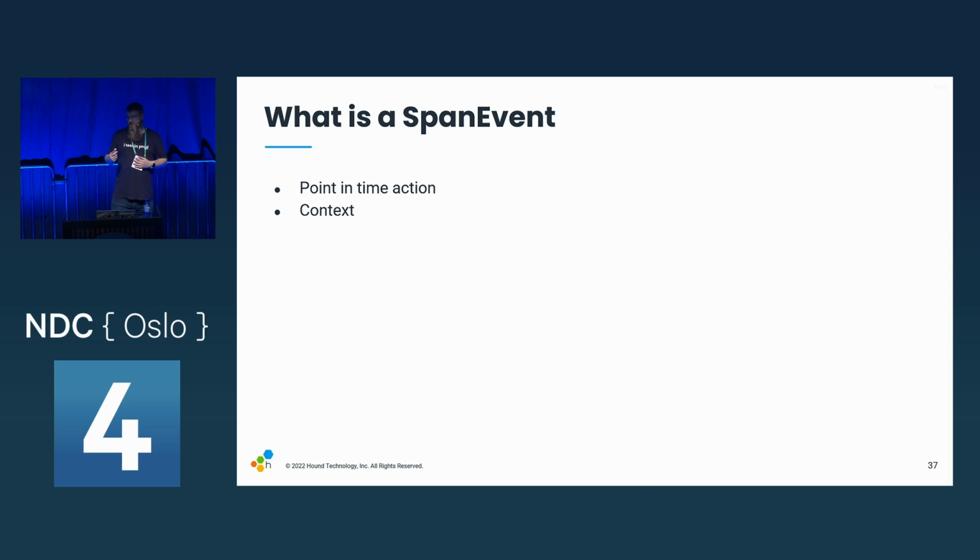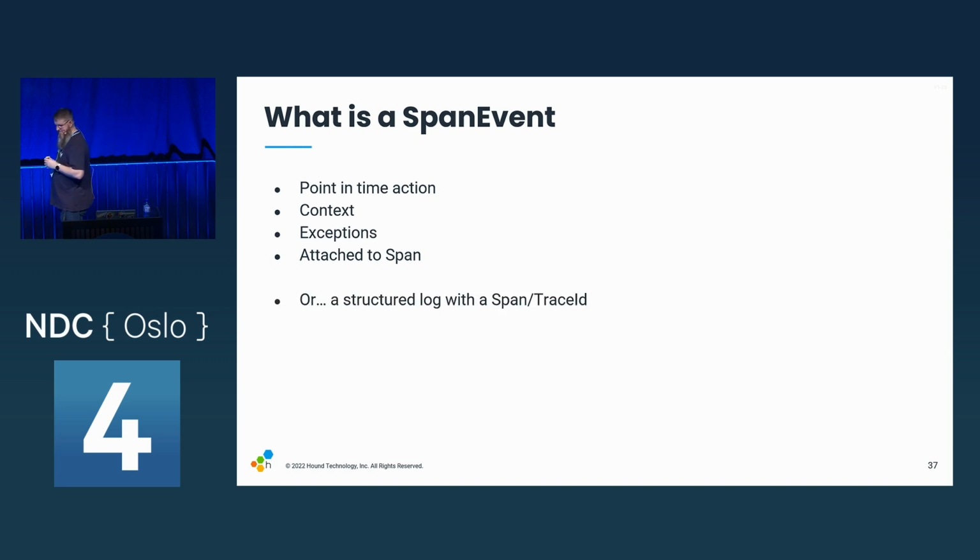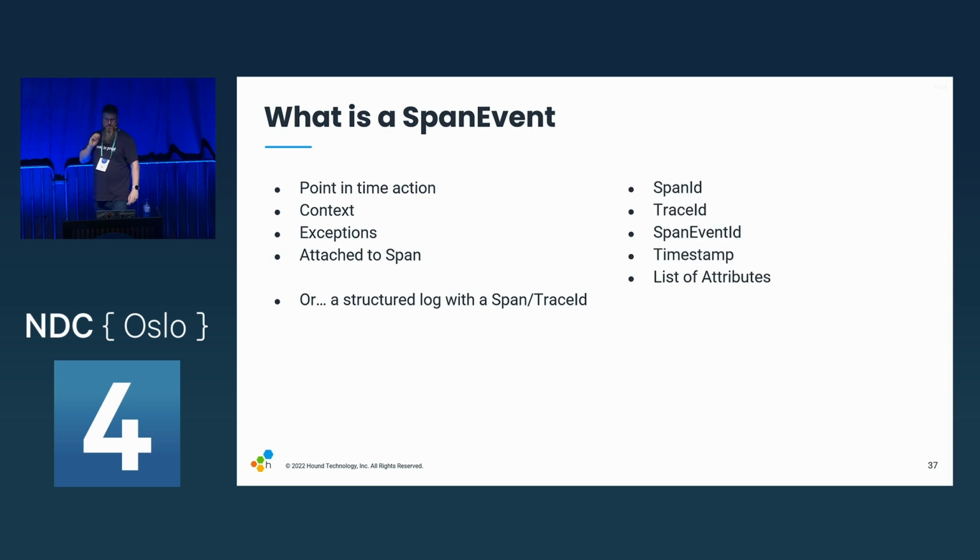So it's a point in time thing that happens inside of a span. Useful for things like exceptions, because exceptions happen inside of a span. Means it's attached to the span. It's basically a structured log with a span ID and a trace ID. It's not exactly that complicated.